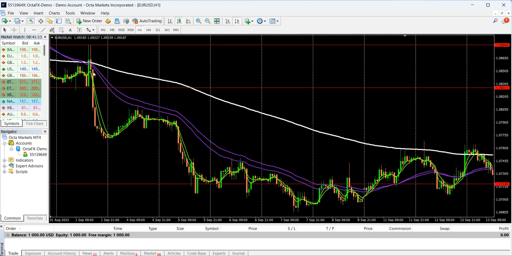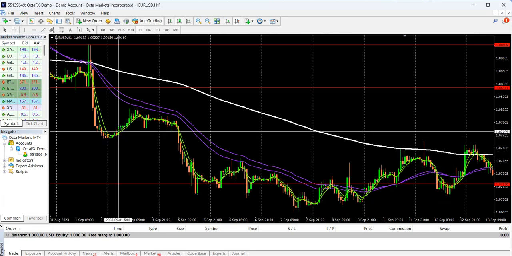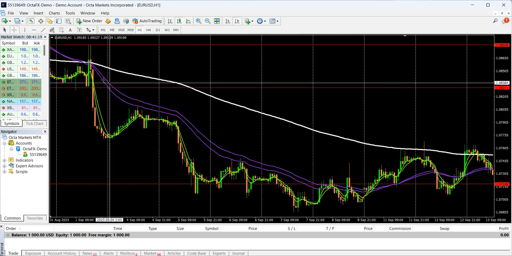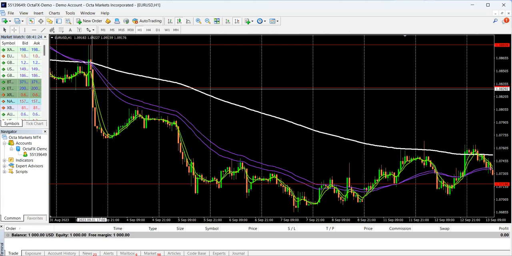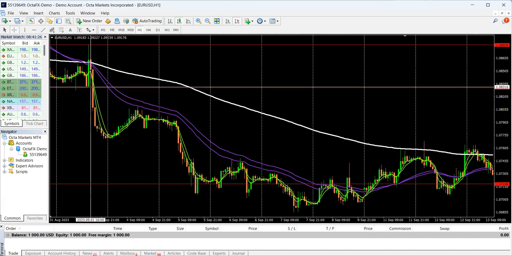So if you look at what you had in terms of pips in this typical trade setup here, your stop loss you had set to 48 pips, but this is more like micro pips, so 498 here.